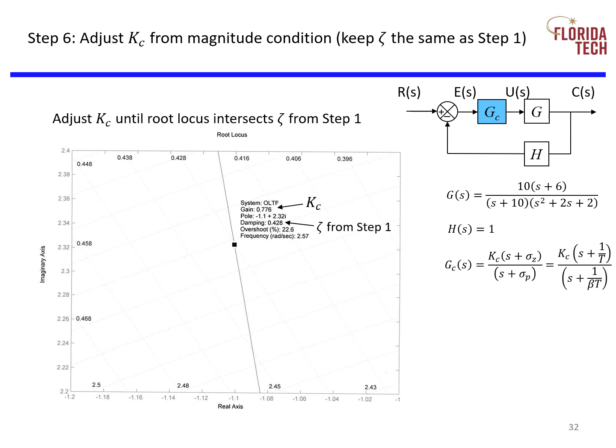For step 6, slide along the root locus until you see the damping ratio from step 1, which was 0.428 for this example. Notice that this gives us a Kc of 0.776.